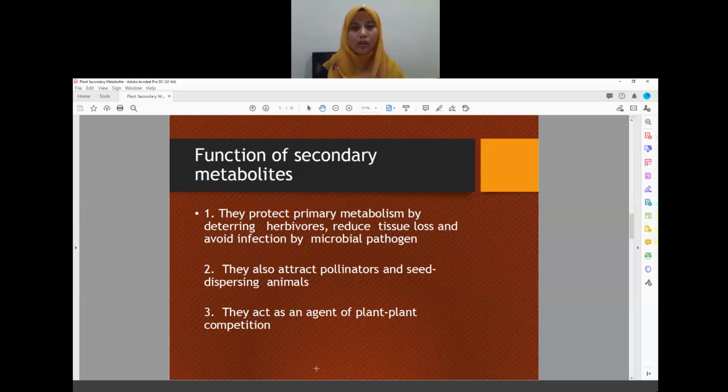Actually there is a lot more if you are looking at the purposes, uses, and also the properties itself. Some secondary metabolites nowadays, the research trend is they are looking for secondary metabolites that can cure cancer.